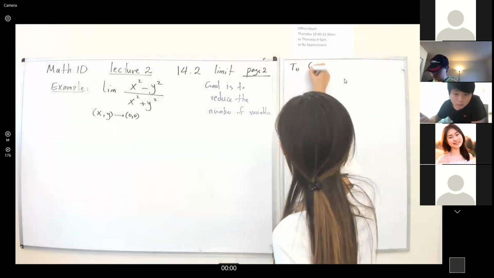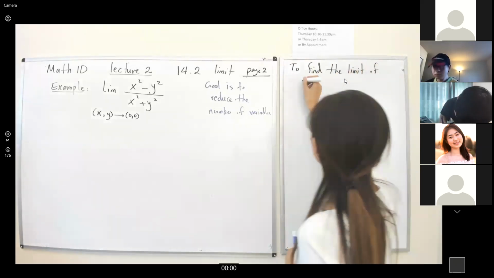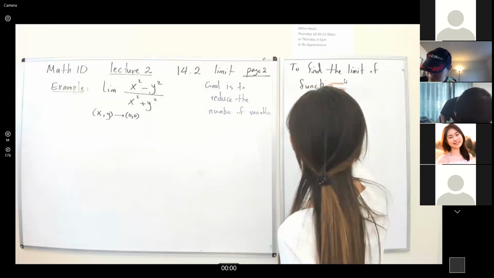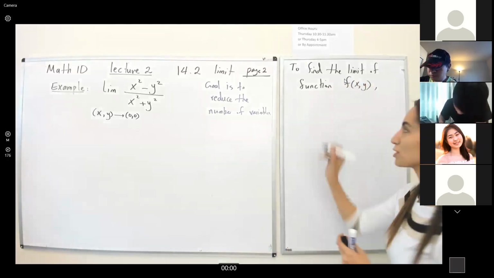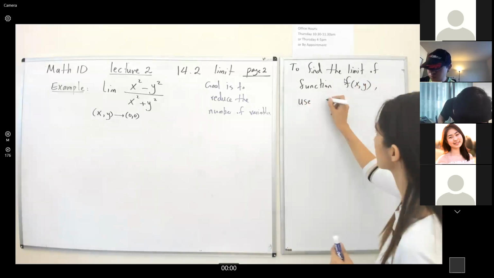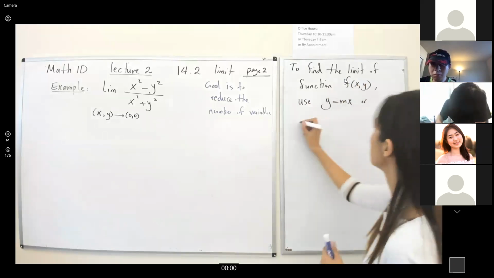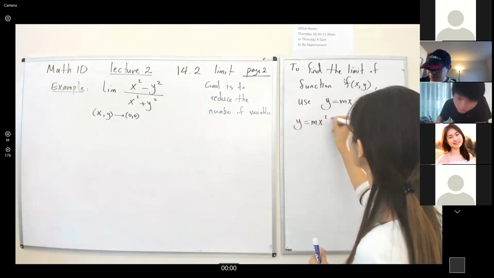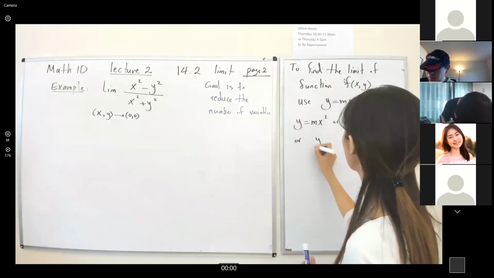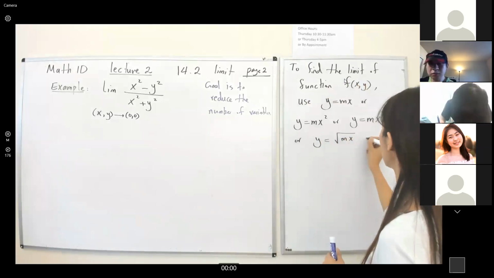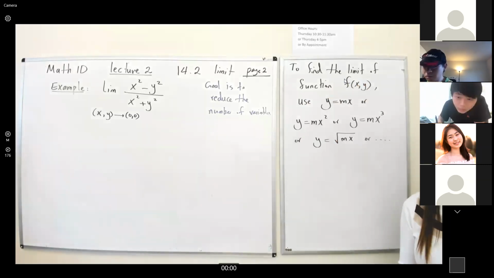So let me write it here. To find the limit of function f of x and y, use y equals mx or y equals mx squared or y equals mx cubed or y equals square root of mx or any other function that passes through the origin.